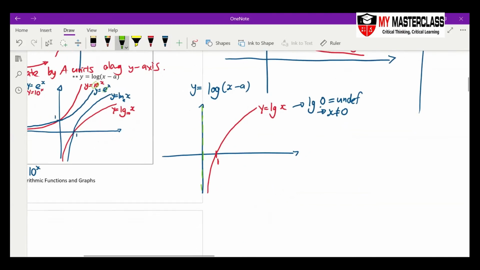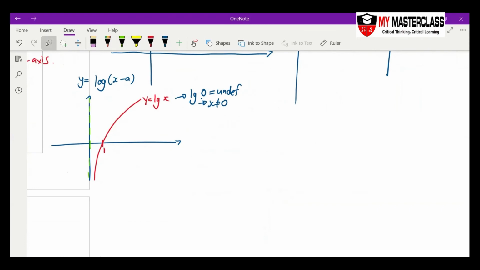So if I want to draw Y equals log X minus something, I will always let X minus A equal to 0 first. Then I know that X equals A. So basically for Y equals log X minus A, your X cannot equal A because you cannot take log 0.